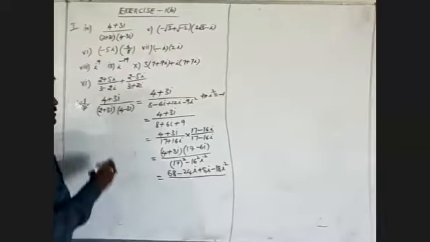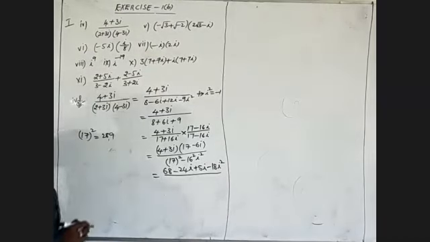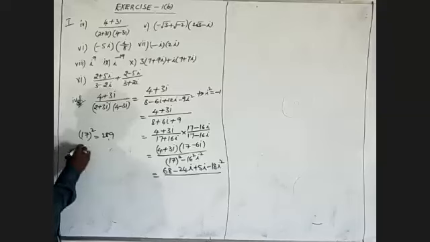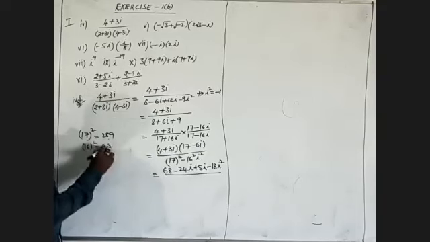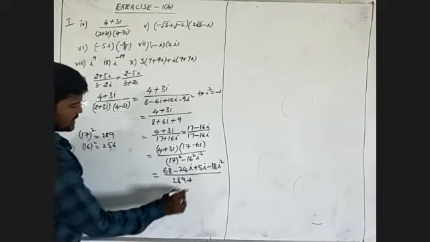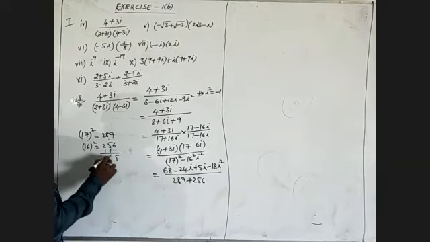What about the value of 17 square? 17 square will become 289. After that 6 square is 36. That means 289, where i square becomes minus 1, minus into minus is plus, remaining is 36. The addition of both is 325.